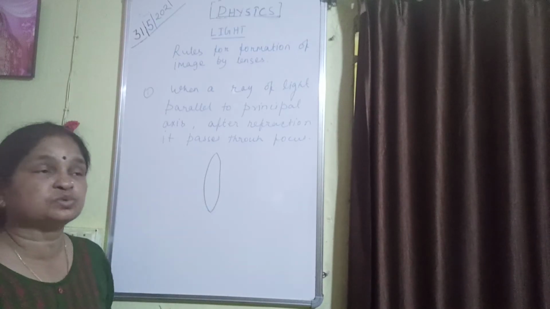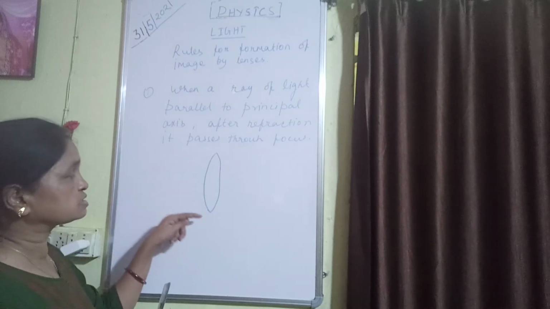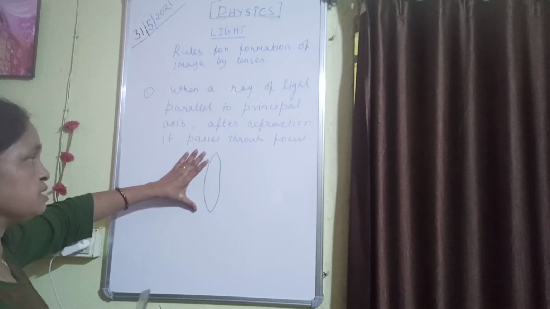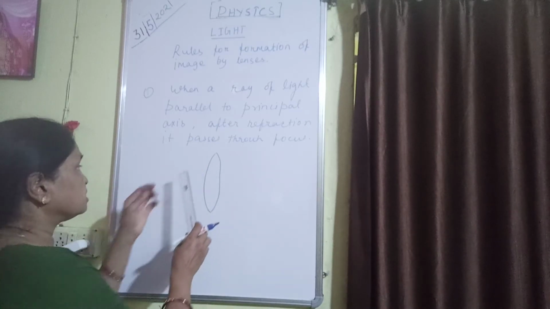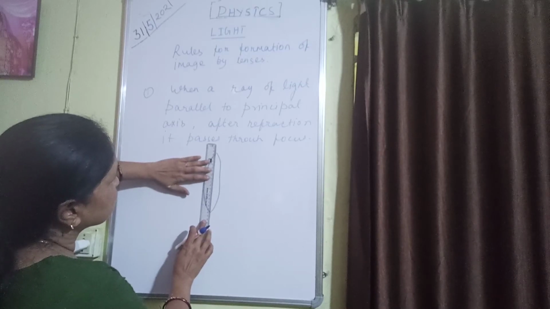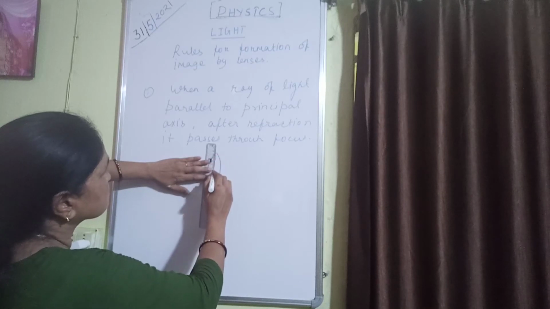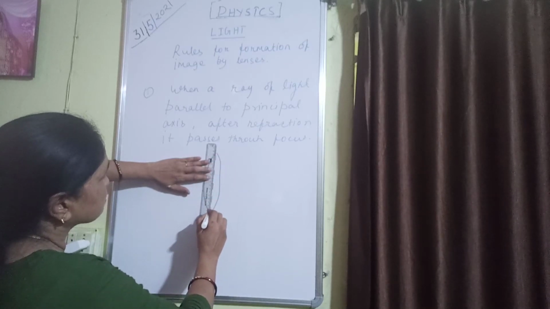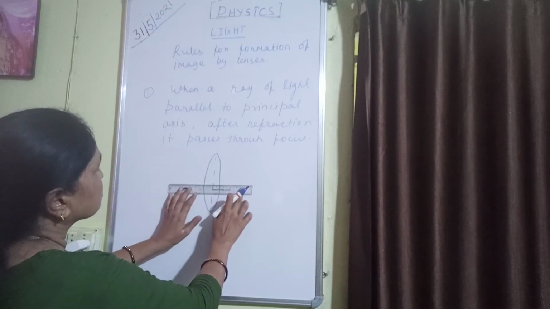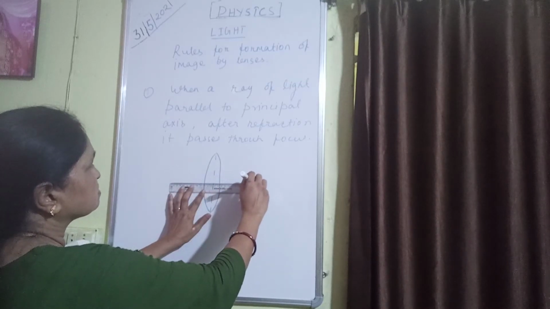After drawing this, students, don't forget to join the aperture, that means the two extreme points. The distance between the two extreme points is known as aperture. So please join these two extreme points. Your first work will be this only. Then you draw the principal axis. We have drawn the principal axis.